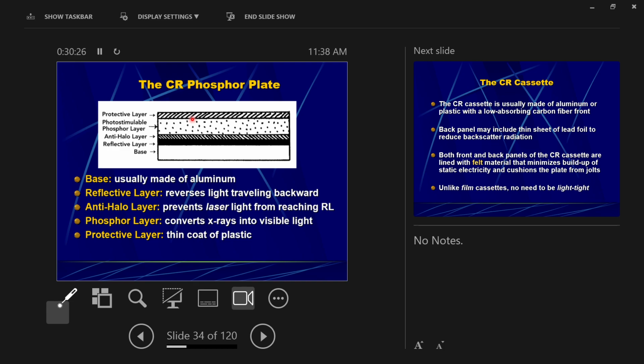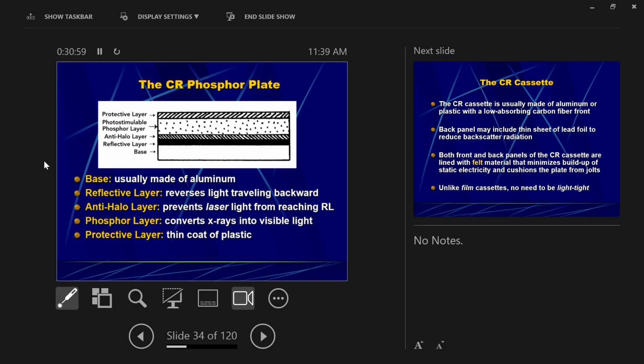That's going to be the phosphor layer. We'll get to that. But this plate sits inside of here. This plate is then drawn out of the cassette into a processor, and as it's drawn in and out of the processor, the way we get the information out of this is by using a laser. Okay, I'll explain the laser thing in a minute here, but when it says it prevents the laser light from reaching the reflective layer, there's a laser involved in the reading of this plate. Okay, I promise you I'll explain.